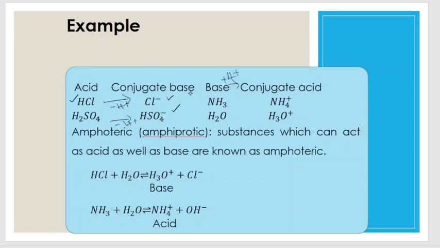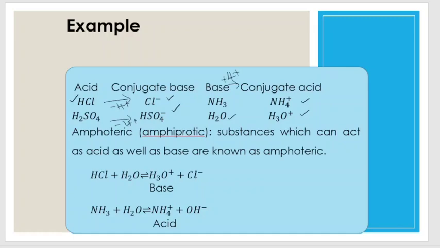This is the simple trick. For NH3, if you add H plus, you get the ammonium ion. For H2O, if you add H plus, you get the hydronium ion. So it's very easy to write the conjugate acid or base of the respective electrolytes.